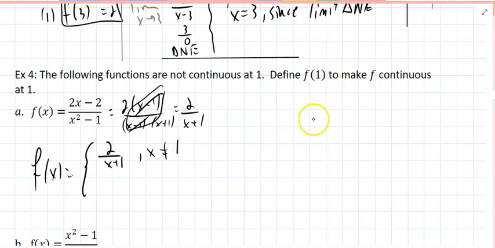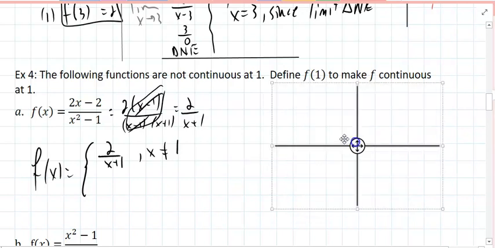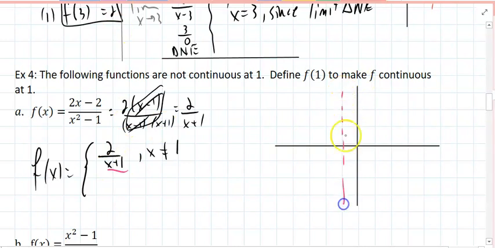Let me show you what that means graphically. I have a vertical asymptote at -1. They're not worried about that. They only want 1. Horizontal asymptote y equals 0. If x equals 0, y equals 2. So we have a graph that looks like this and like this.